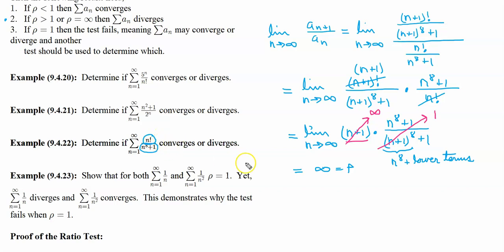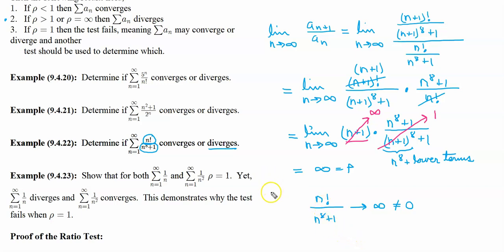And so you could actually reason that n factorial over n to the 8th plus 1 converges to infinity as n goes to infinity. And so, since this does not equal 0, by the nth term test, you can also see that this is going to diverge. Okay, so you could actually use the nth term test here.